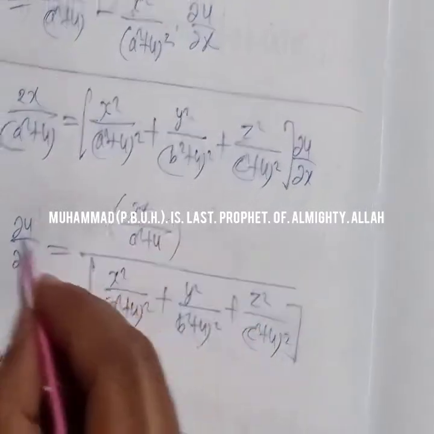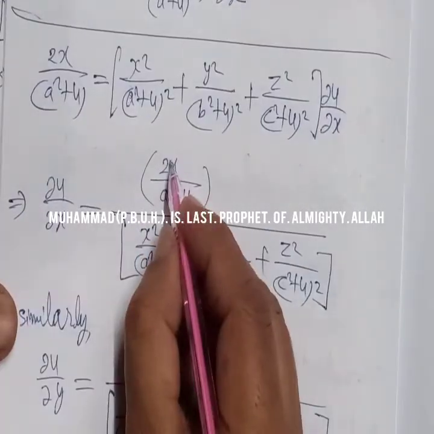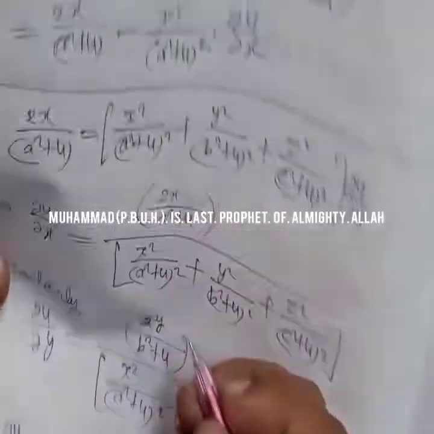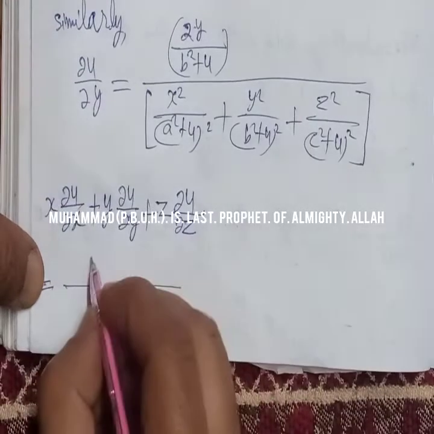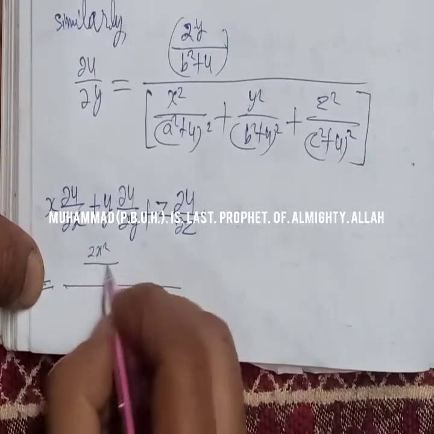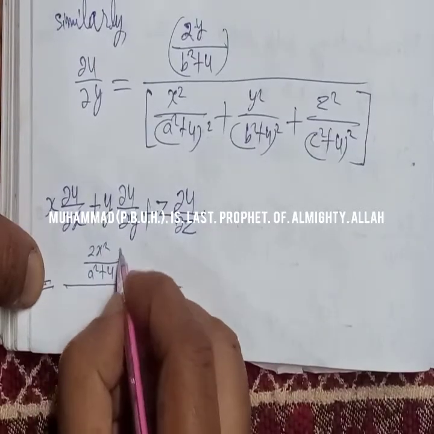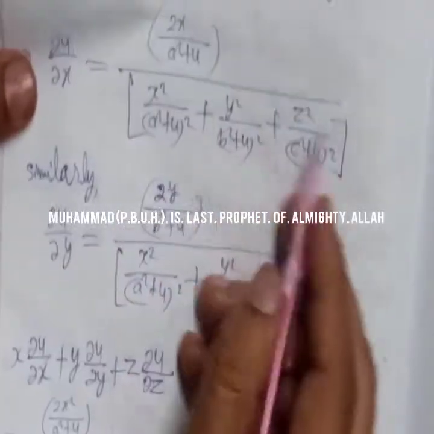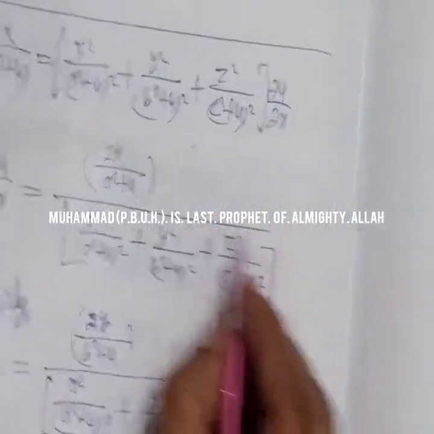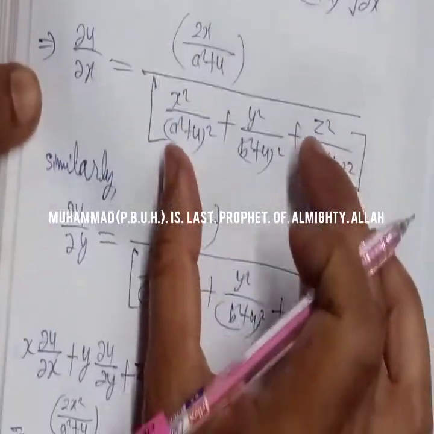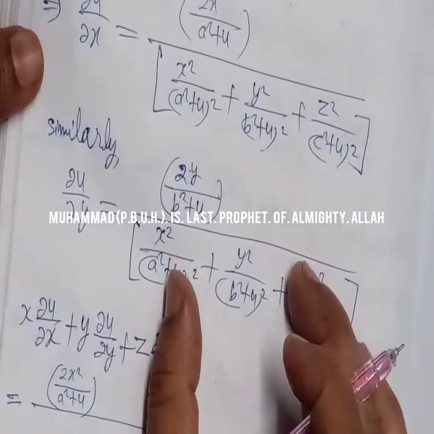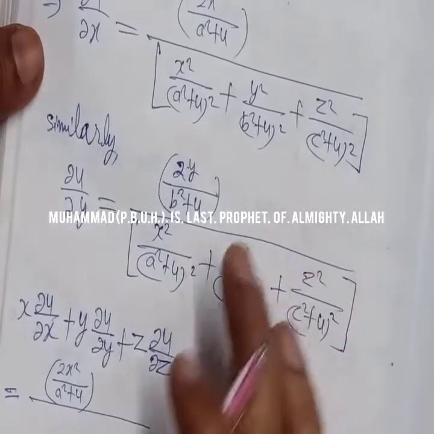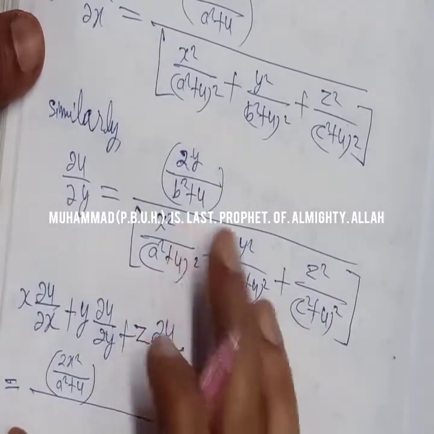When I multiply x here, it multiplies only here. So this value becomes 2x square upon a square plus u. The numerator changes and the denominator is the same, but here we have to write all three terms, and I wrote only two terms here. So we have to write the third term also.